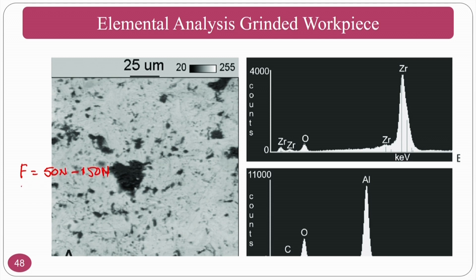Because of this high amount of force, the surface roughness you are going to get is rough. At the same time, you will experience damage of the workpiece by burning and other things. You can see here the burning, or pit formation, and these are all observed whenever there are such forces.